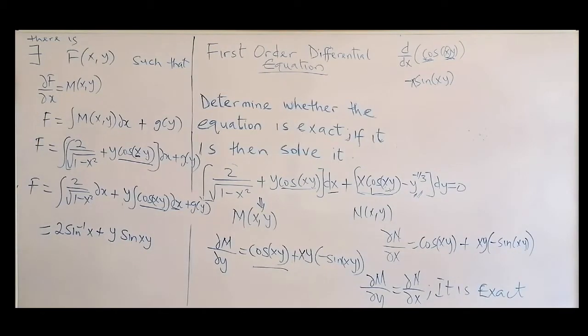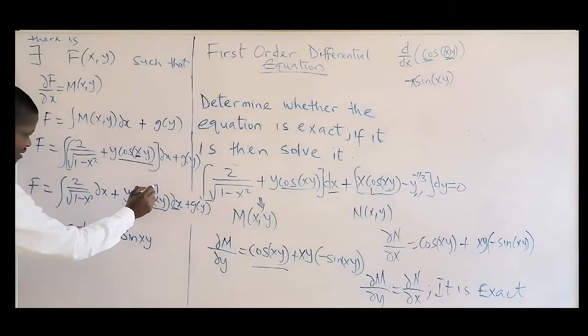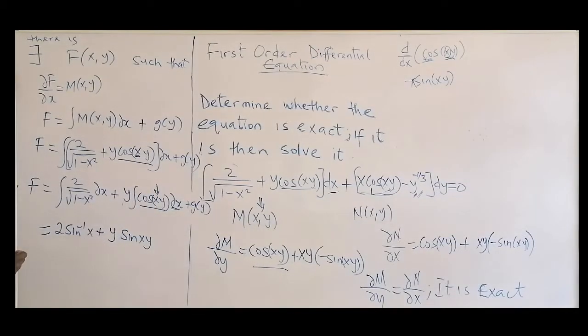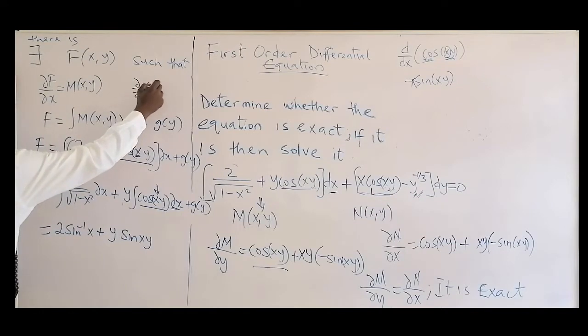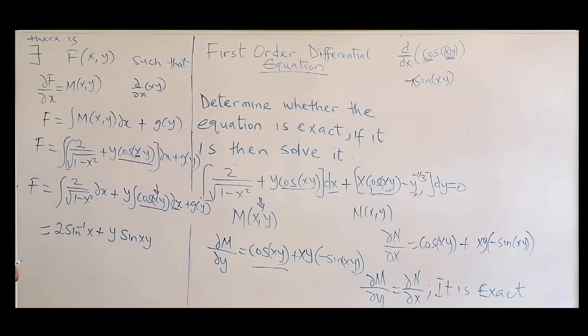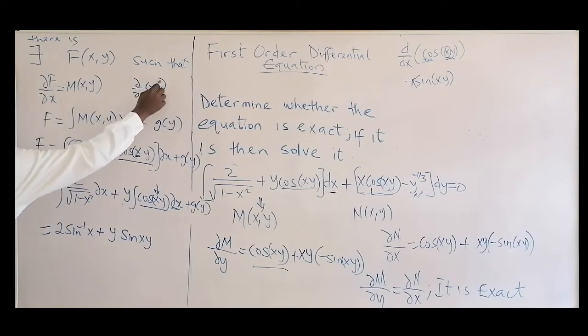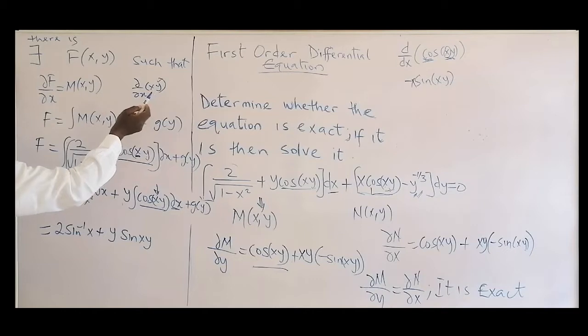Then check this function inside here, xy. The derivative of xy with respect to x will be equal to what? The derivative of xy with respect to x, d/dx of xy will give you a y, because you're only keeping your y constant, you are differentiating x. So that will be y.